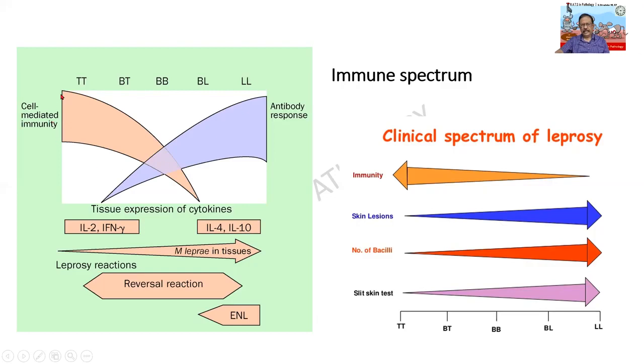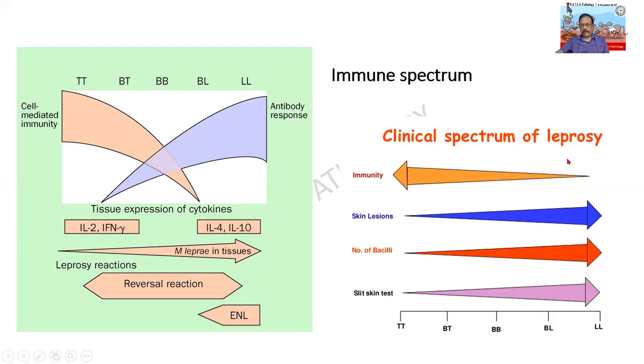Here there is an increased amount of cell-mediated immunity, whereas here there is an increased amount of antibody response. And they are corollarily opposite. For example, in lepromatous leprosy, cell-mediated immunity is low towards the beginning, and in tuberculoid leprosy, the antibody response comes down.